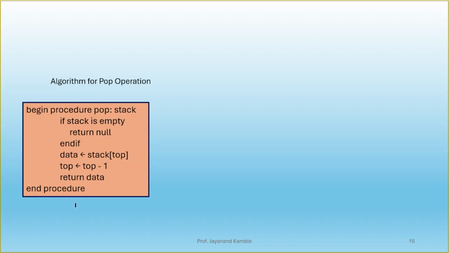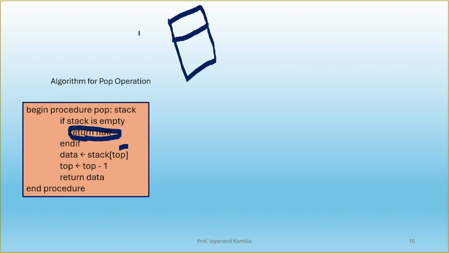Very simple. If the stack is empty, then return null, because my stack is empty, I cannot remove an element from the stack. Then whatever top position we have in the stack, assuming that currently top is pointing to 4, so 4 is the index and the actual element is, for example, 10. So stack top 4, index 4 is used in the array and that value is actually 10.